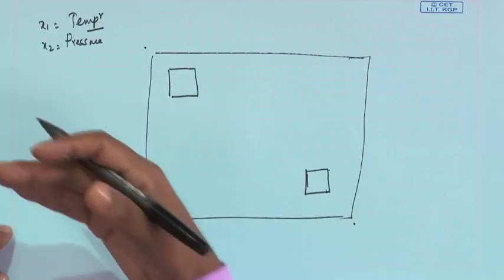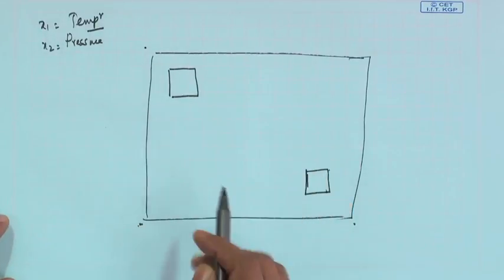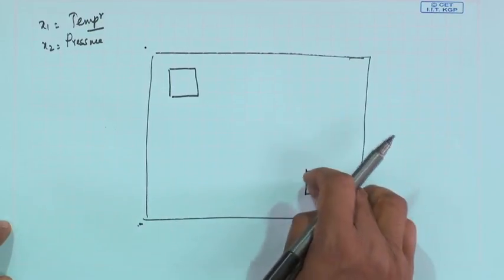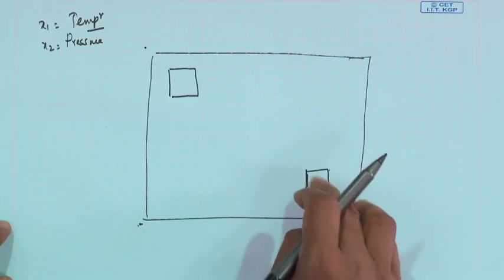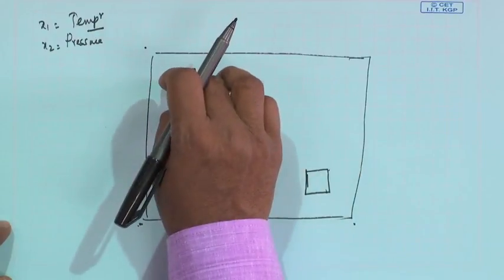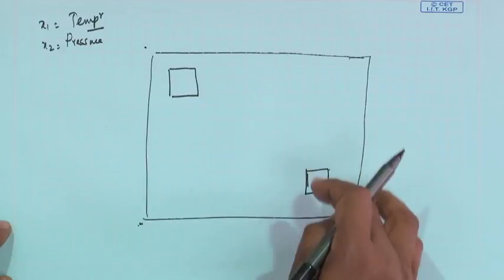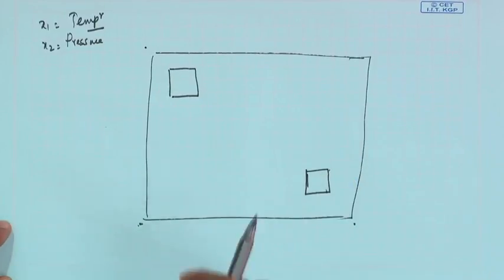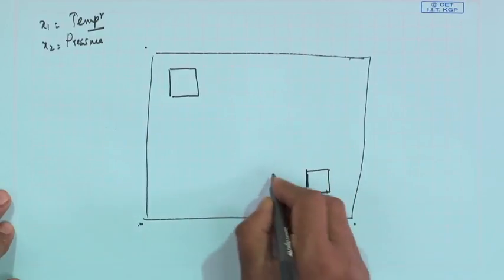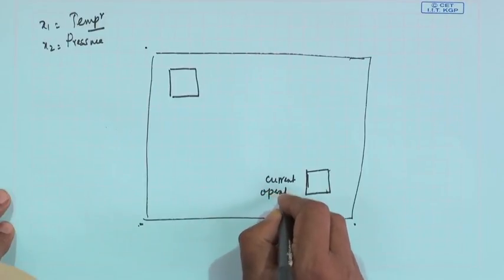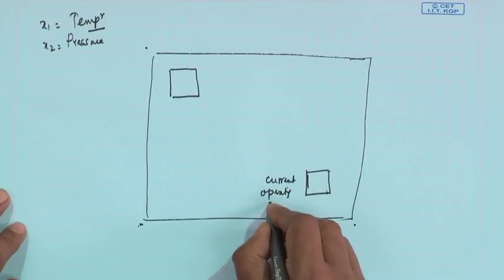There may be some technology changes and other things that have happened, or you may be thinking that this operating zone is inferior, this operating zone is superior, or this will give you the optimum response, not this one. So how do you know? For that purpose, you must know what your current operating conditions are.